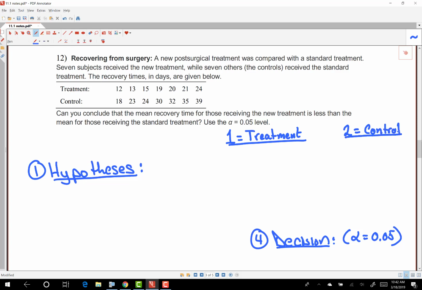And the question is asking us, can you conclude that the mean recovery time for those receiving the new treatment is less than the mean for those receiving the standard treatment, which is the control group? This is new, this is standard. So we're doing 1 is less than 2.